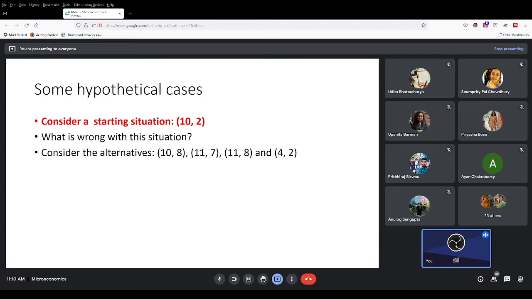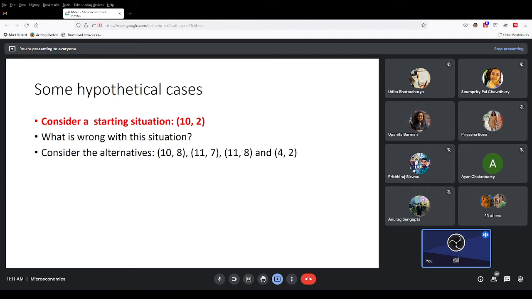When you go to 4, 2, see what happens in all the four cases. If you compare between 10, 2 and 10, 8, what is the difference? Has A's position changed? No, sir. B has gone up. B is better off.